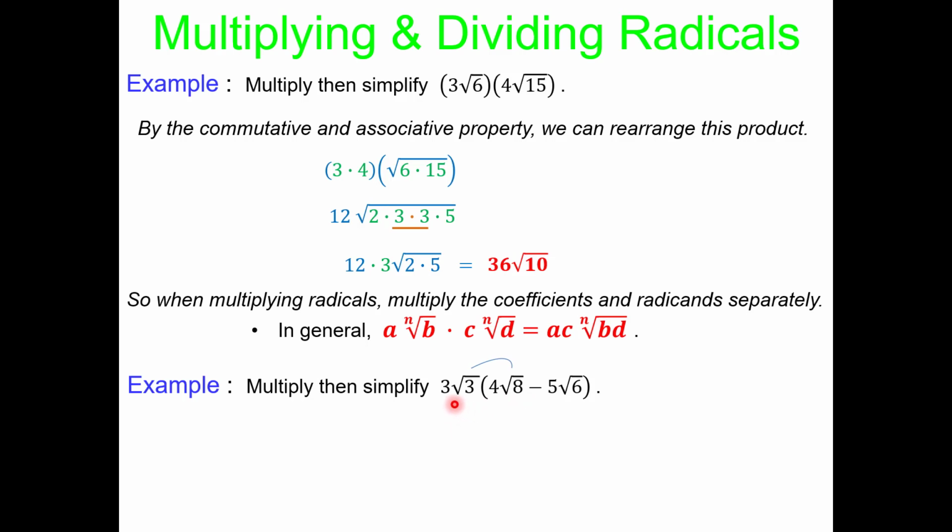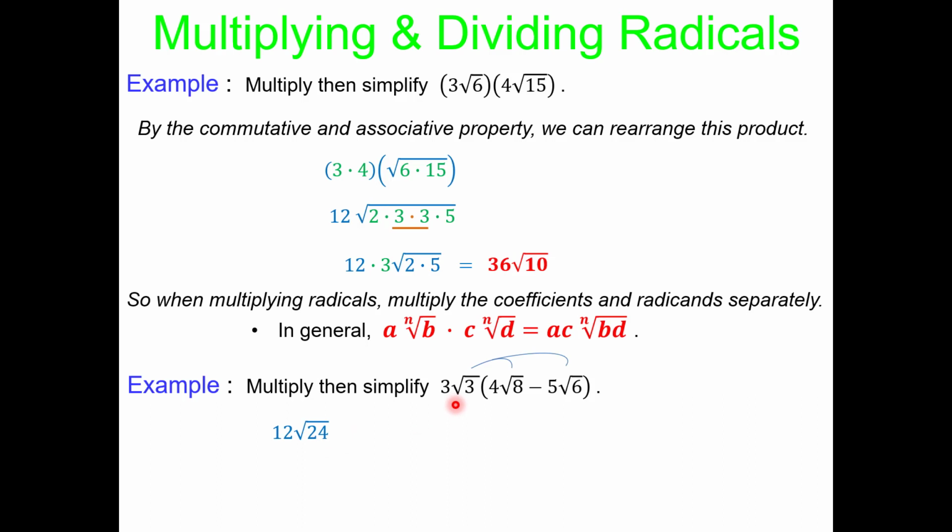Okay, so this 3 square root 3 has to make its way to both terms. And so notice what we're going to do. The numbers on the outside combine, so 3 times 4 is 12. And then the square root times the square root gets to be put together. So we have square root of 3 times 8, which is where the 24 came from.